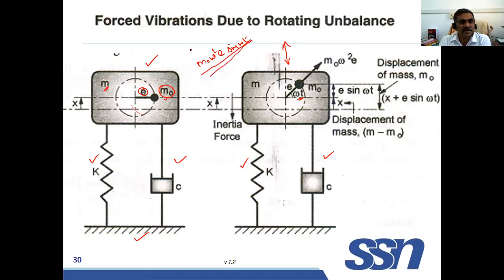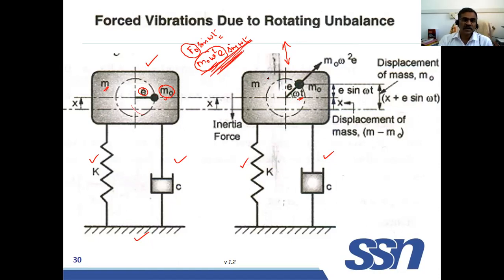In the previous problem, we took the forcing function as F naught sine omega t. So in place of F naught, here we have m naught omega square e, into sine omega t. This is the forcing function.